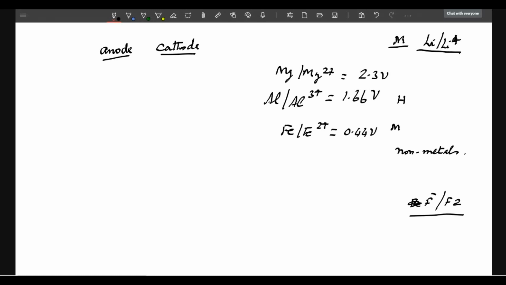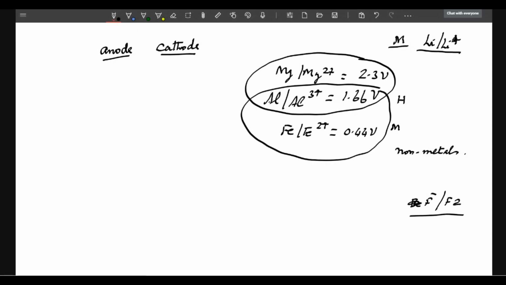If you consider two of these, the higher potential would be the anode and the next one the cathode. Comparing aluminium and iron, aluminium is the anode and iron would be the cathode. Therefore, the intermediate electrode may act as anode or cathode depending upon the nature of the other electrode. But the topmost and the bottom ones won't change their nature.